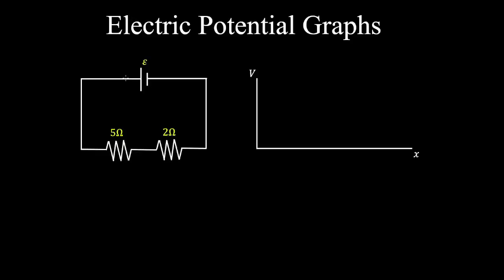The values of electric potential at any point along a circuit can be represented by a graph of electric potential as a function of position within a loop.